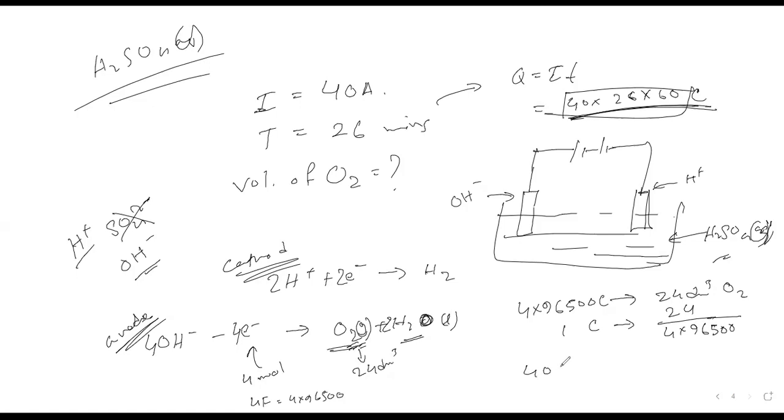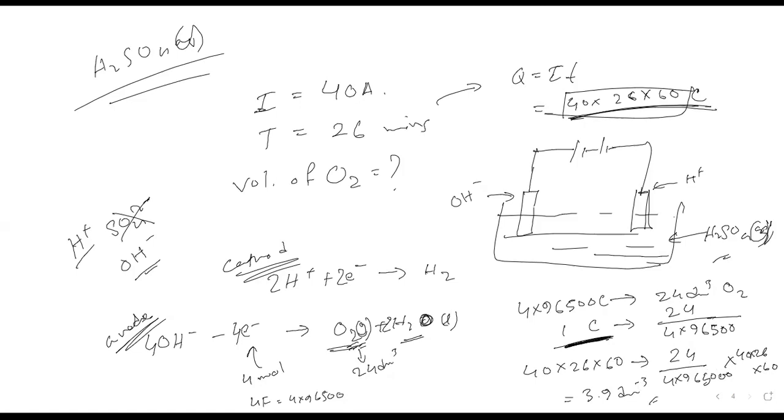Then 40 times 26 times 60, this amount of charge will give how much volume? That should be multiplied with the volume we got from one coulomb. So 24 over 4 times 96500, times 40 into 26 into 60. That should give us a volume of 3.9 dm cube. That's how we do it.